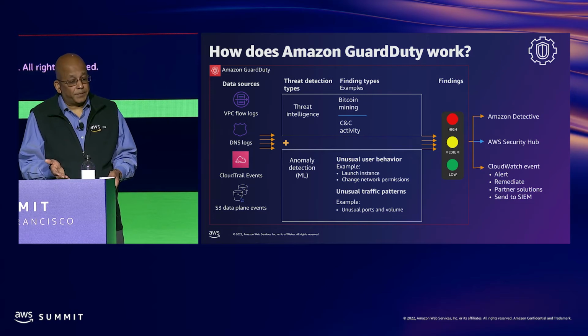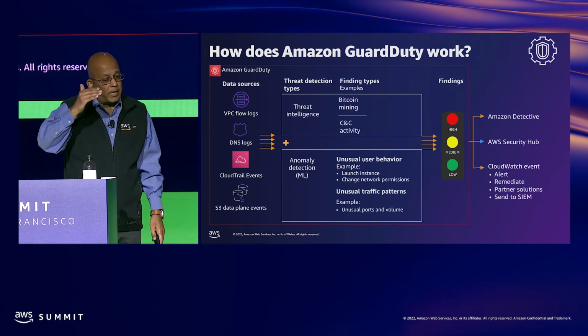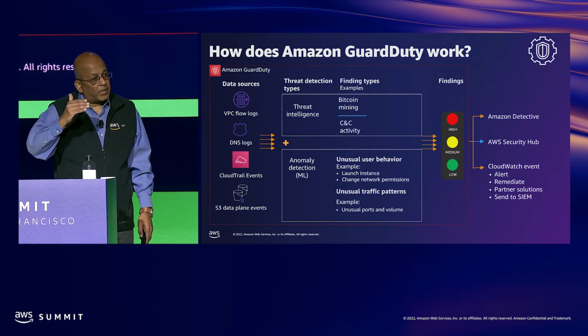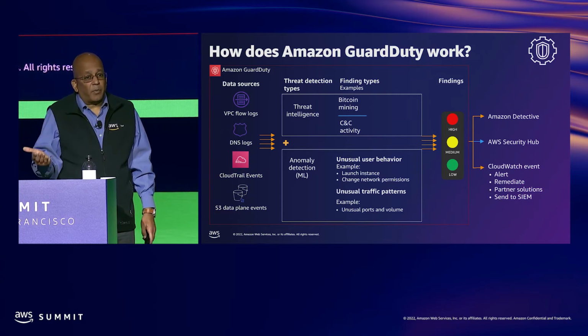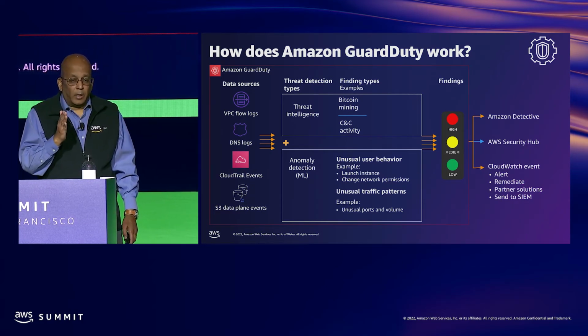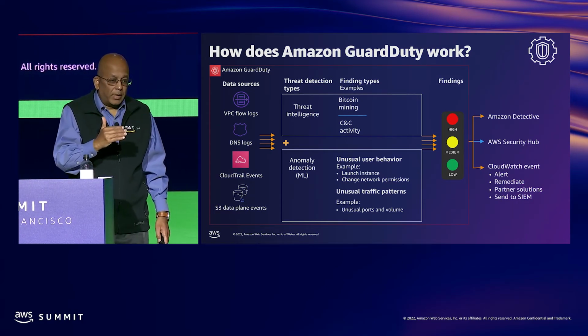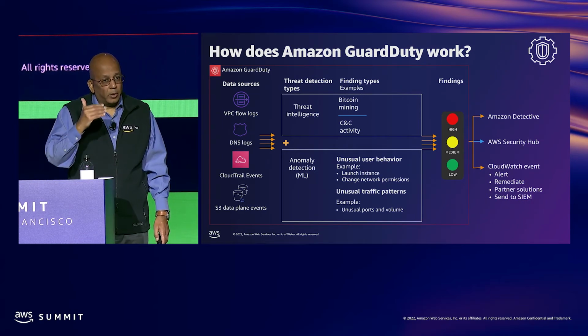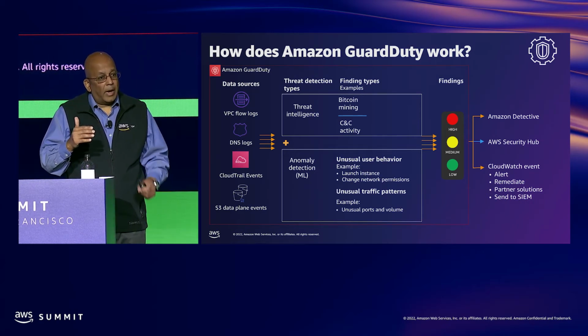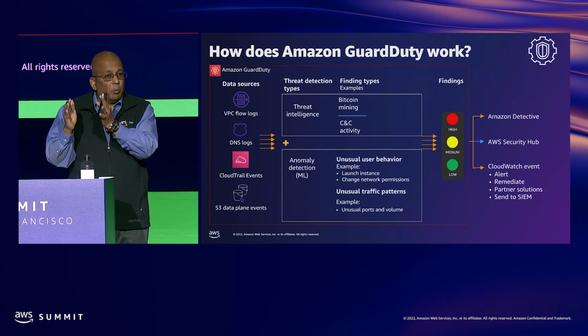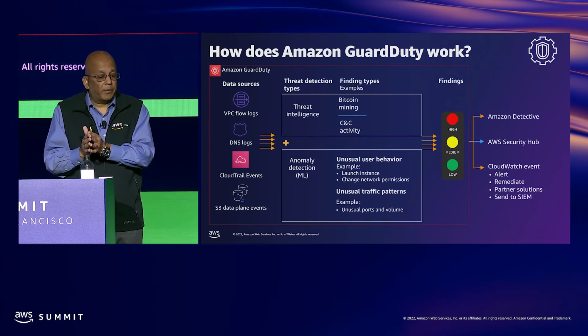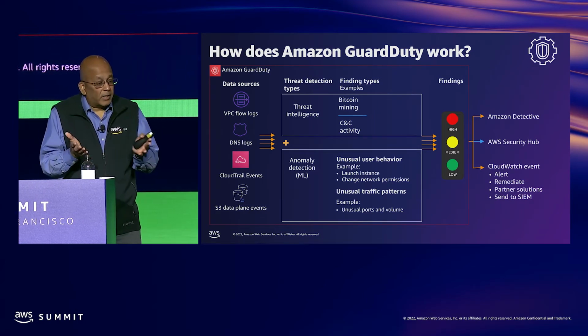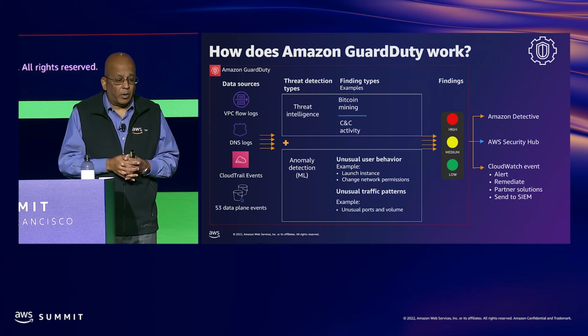of this service. And what it does is then, using threat intelligence, for example, it can give you different types of findings, right? At the end of the day, it'll look at all these sources. It'll do its anomaly detection as well, and then categorizes them into multiple finding types, right? The finding types, for example, could be suspected Bitcoin mining taking place in your accounts.